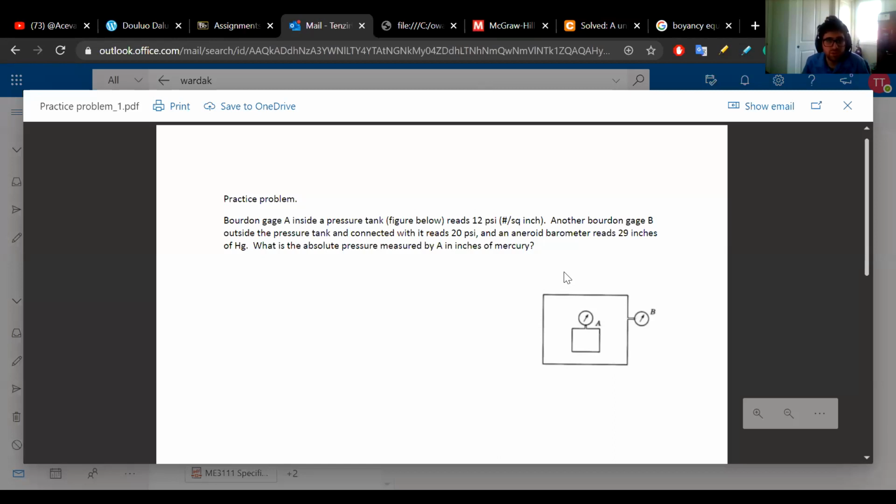Pressure gauge A inside a pressure tank reads 12 psi. Another gauge B outside the pressure tank reads 20 psi. Okay, let's take a look at this problem.